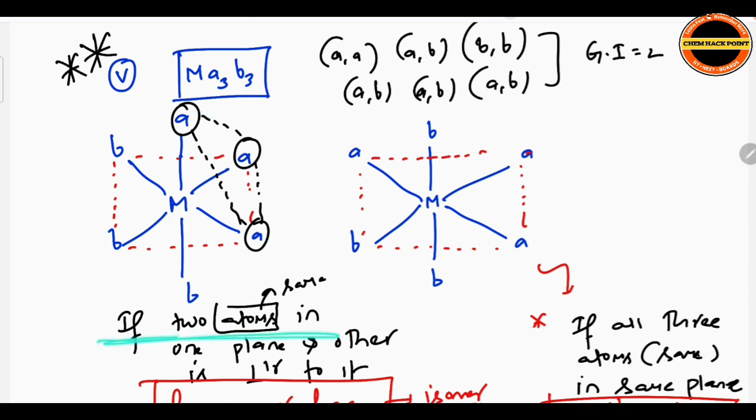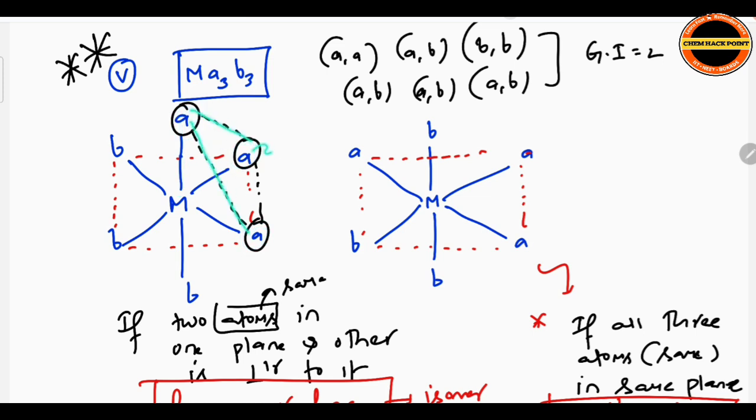If 2 atoms are in one plane and the other is perpendicular to it. Here see, 3 atoms of the same type, 2 atoms in one plane, because it is one plane, right? One atom is above and below, right? So 3 same identical ligands I am taking. Out of 3, 2 atoms in the same plane, one is perpendicular to the plane.